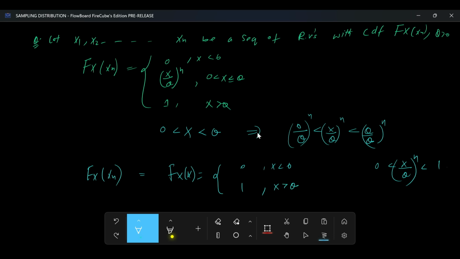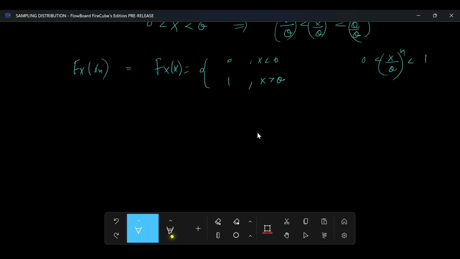So can I write 1 in place of (x by theta) raised to the power n? Yes, I can write. So this is the CDF of a degenerate random variable.